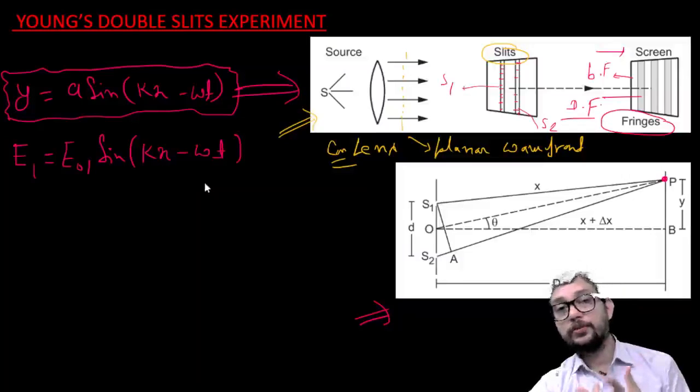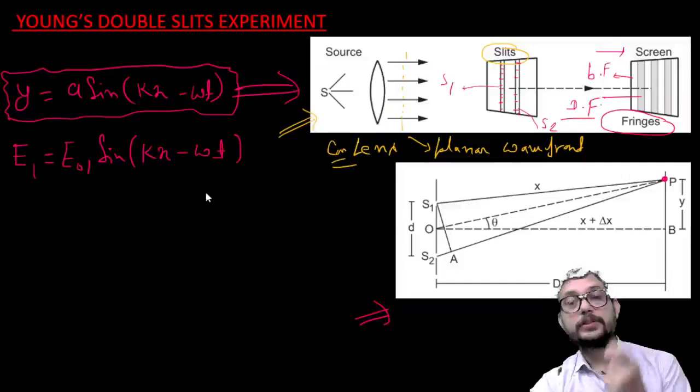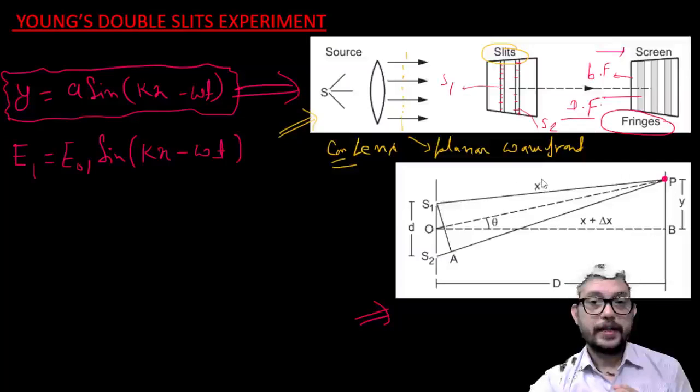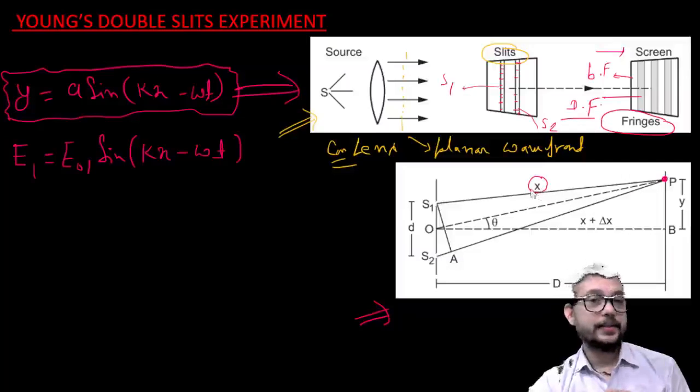This is the equation of the first wave. As you can see, the displacement of the first wave is x, so we take x only. But for the second wave, there is an extra displacement, the path difference delta x, so the net displacement becomes x plus delta x.